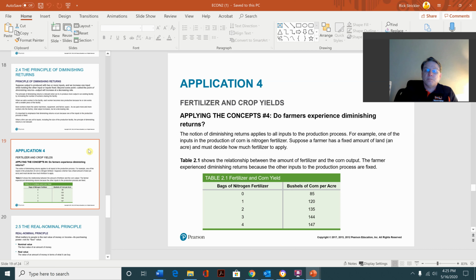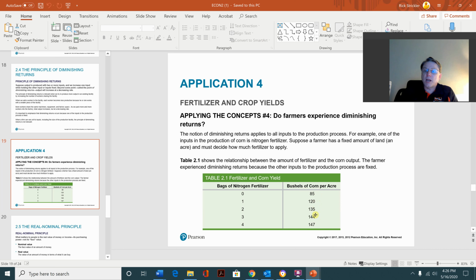Okay, application 4, fertilizer and crop yields. Applying the concept: do farmers experience diminishing returns? Here you have bags of nitrogen fertilizer, and here you have bushels of corn per acre. You can see from 85 to 120 by adding the first bag. That's a huge increase, almost 50%. But then from the second bag, it's only 15 bushels, so we're talking 10%, 11% there.